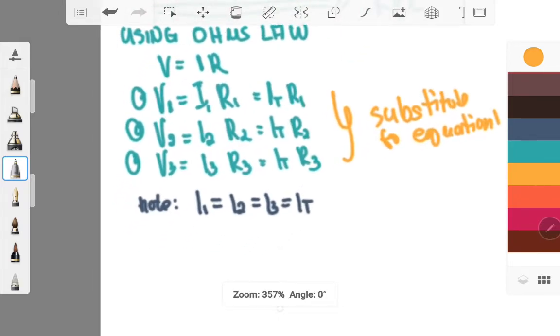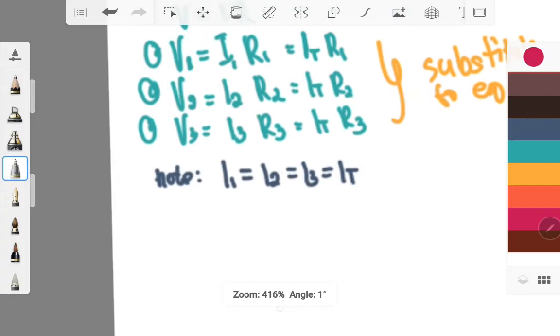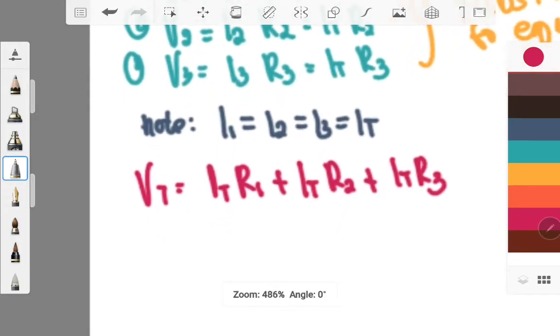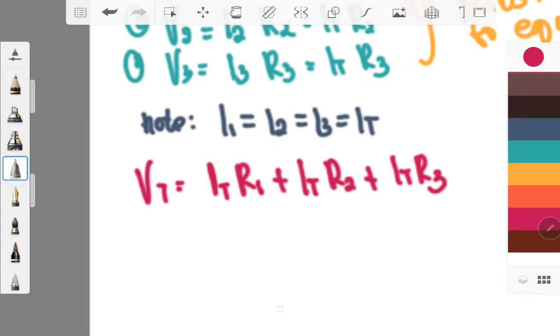we have V total is equal to your I total multiplied by your R1 plus your I total multiplied by your R2 plus your I total multiplied by your R3. But what is your V total? Note that since your V1, V2, and V3 follow Ohm's law, your V total also follows Ohm's law.